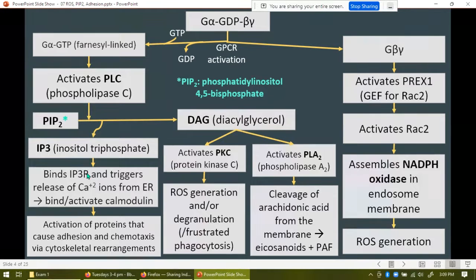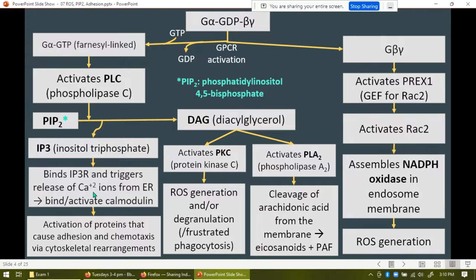And the IP3 receptor is actually a calcium channel. It's a ligand-gated calcium channel, and that triggers calcium ions to be released from storage in the ER. Normally, calcium ions are sequestered or concentrated or stored in the endoplasmic reticulum, but when IP3 binds to its receptor, it triggers the calcium ions to be leaked out of the ER and into the cytoplasm.